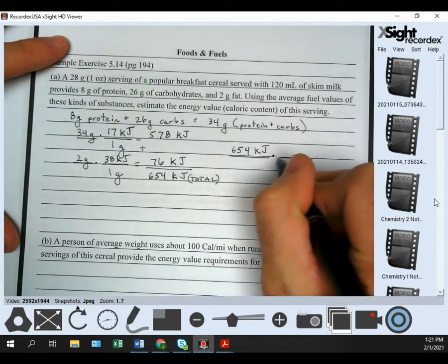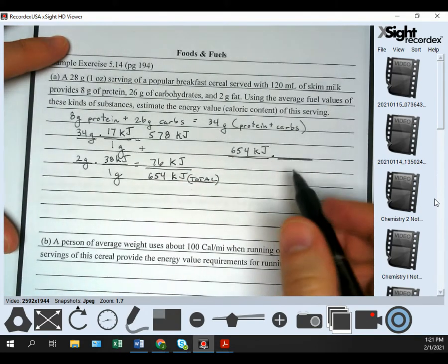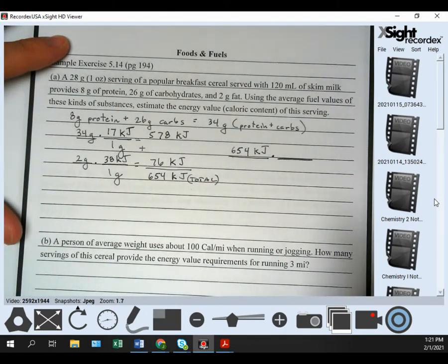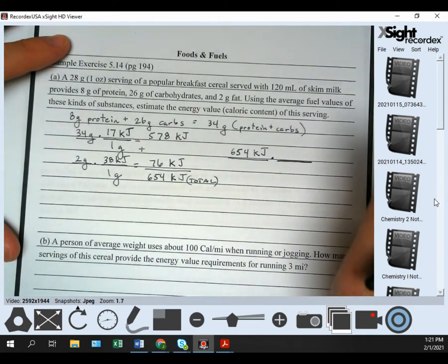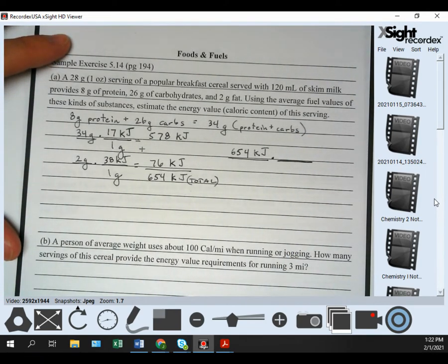Now, whenever it says caloric content, it's talking about food. It typically means big C calories. If you did it in little c calories, as long as you had the labeling right and the conversion right, I probably wouldn't mark it wrong.